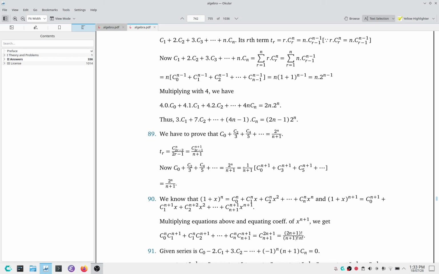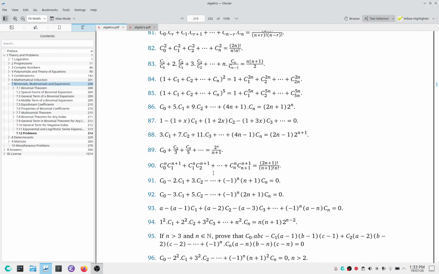So we sum this series from r is equal to 1. So 1 upon n plus 1 comes outside, n plus 1 C1, this should be r is equal to 1, then it should be 1. This is not 0. Plus n plus 1 C3 plus n plus 1 C5, which is equal to 2 to the power n upon n plus 1.